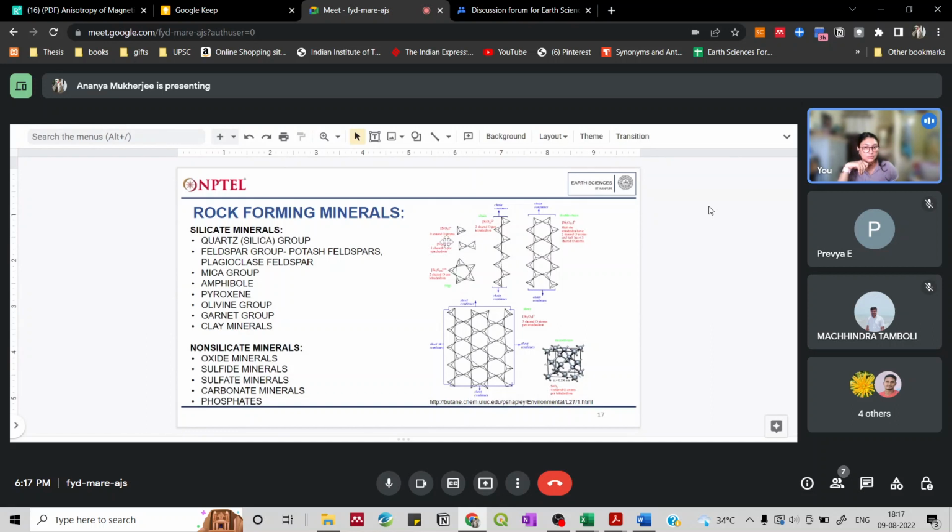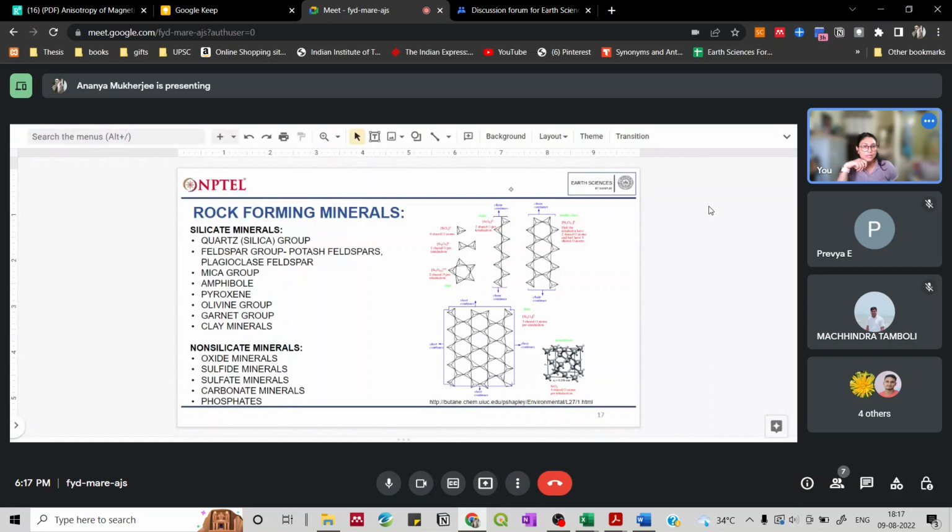Then you have sorosilicate, that is two tetrahedra are joined. Then you have ring silicate structure. Okay, so this forms a ring. So a lot of hexagonal crystal system minerals form this silicate structure, like beryl. Beryl is one example.